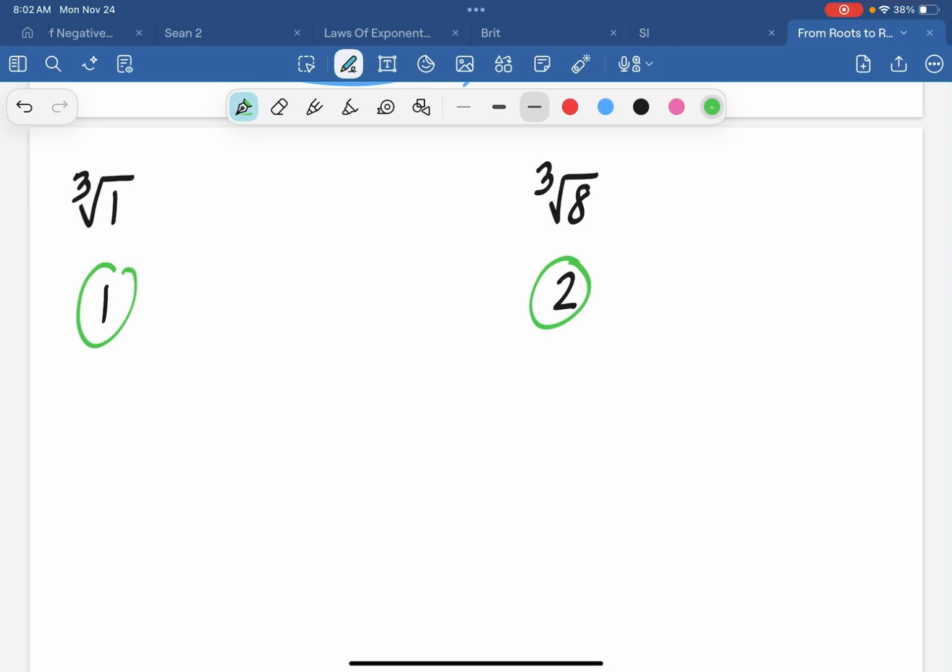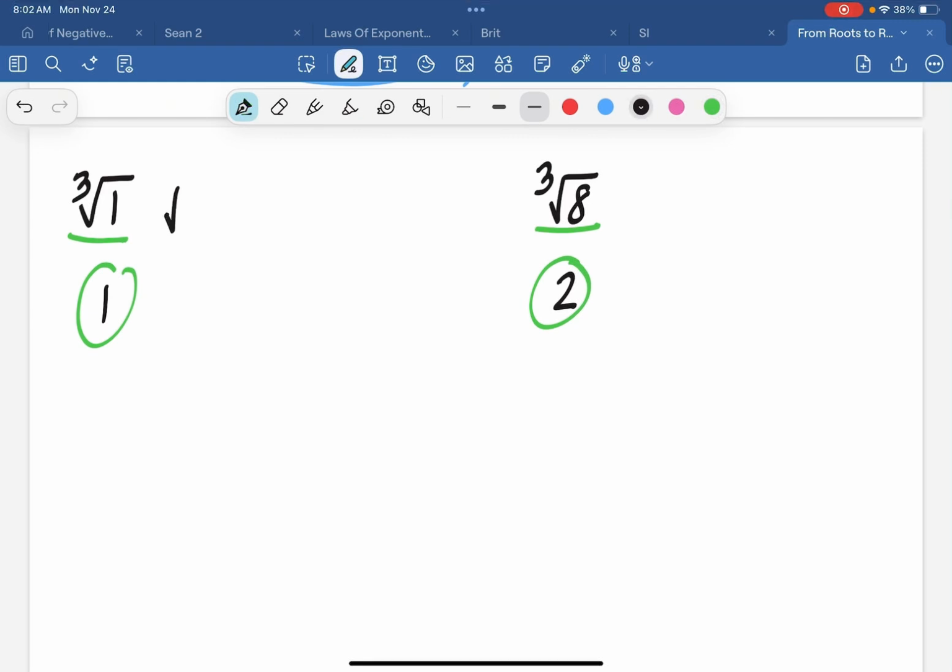If we are dealing with a cube root and the number inside that radical is not a perfect cube, automatically all the numbers in between cube roots of perfect cubes, like the cube root of 1 and cube root of 8, are irrational numbers.